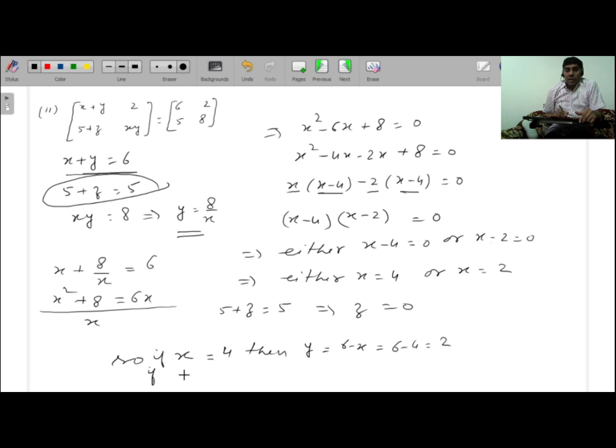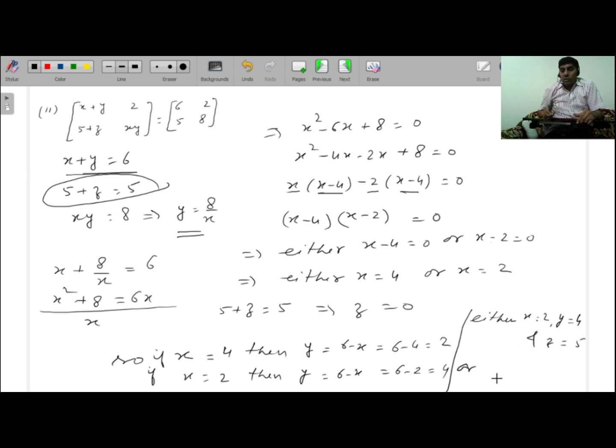If x is equal to 2, then y is equal to 6 minus x, which is 6 minus 2, equal to 4. So either x is equal to 2, y is 4 and z is equal to 0, or x is equal to 4, y is equal to 2 and z is equal to 0, is the required answer.